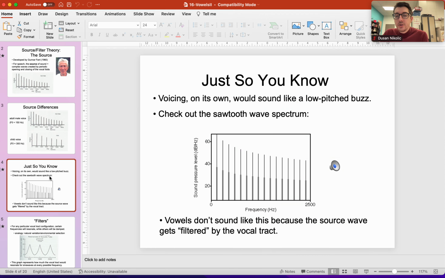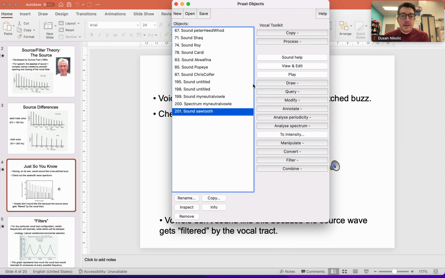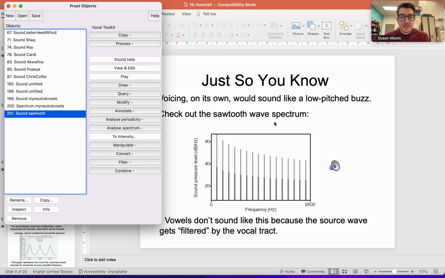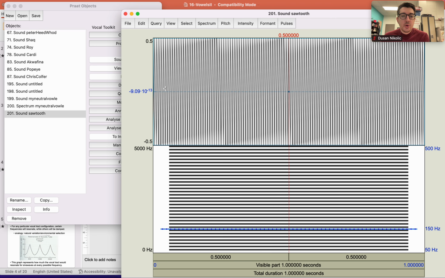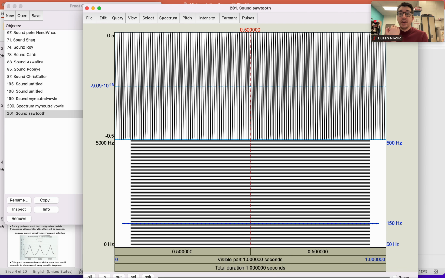Just so you know, voicing on its own would sound like a low-pitched bass. What we mean by this is, I show you here a sawtooth wave. This is how you might sound if you didn't have a head. Maybe not with the same amplitude, but a different amplitude.